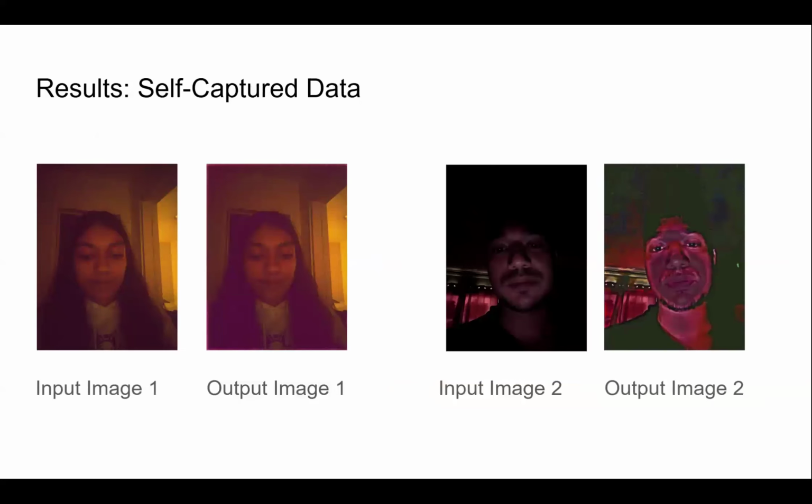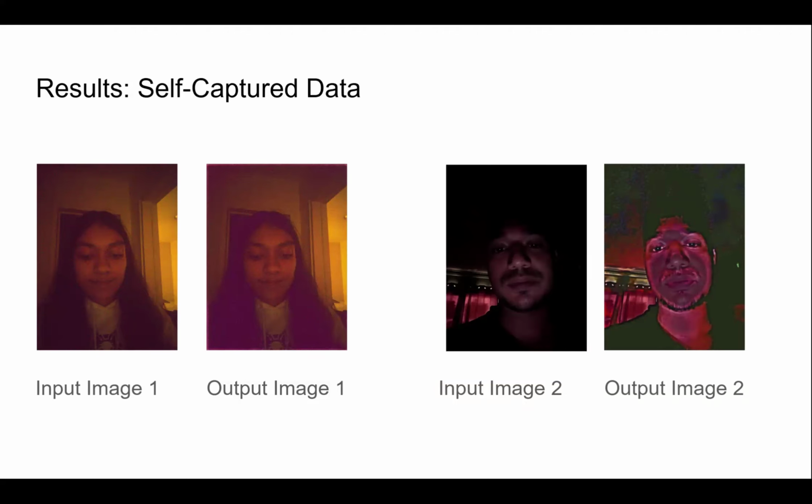Now moving on to some data that we captured on our own. We can see here that the output produced by the low light image enhancement module is not as desired. One reason to explain this could be that the dataset the model was trained on mostly consisted of indoor scenes.